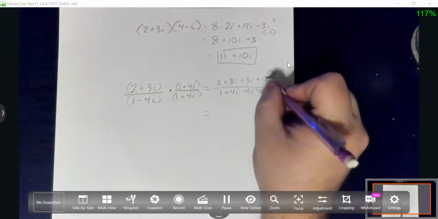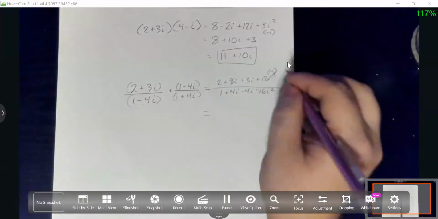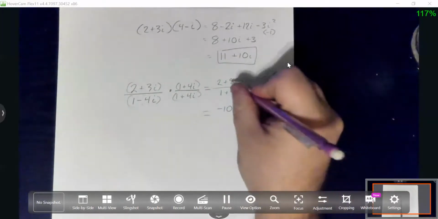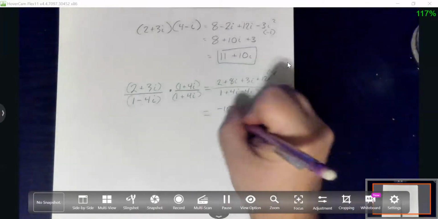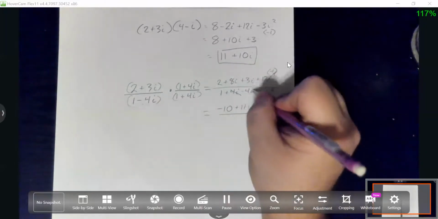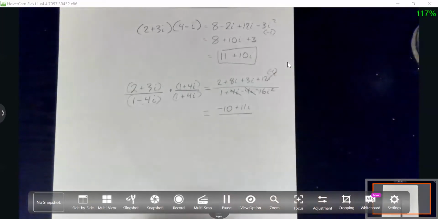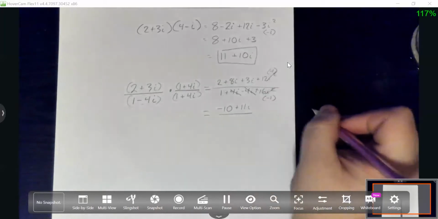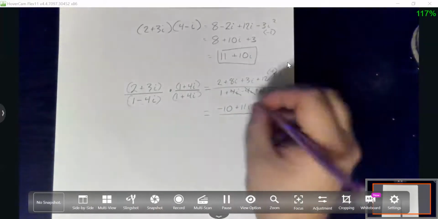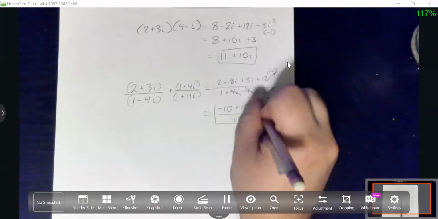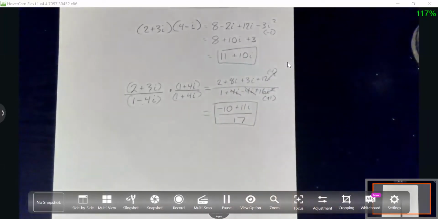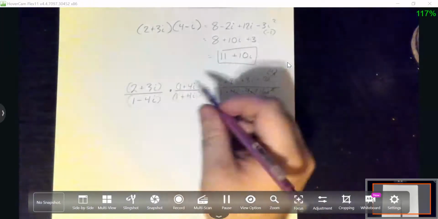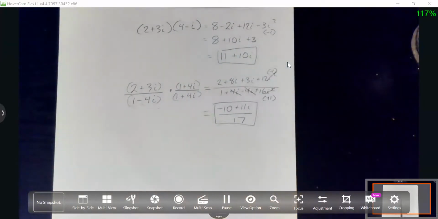So that's 2 plus negative 12 is negative 10 plus 11i. On the bottom, positive 4i, negative 4i cancel. i squared is negative 1, so that becomes a positive 16. So 1 plus 16 is 17. That's what we mean when we consider dividing by complex numbers. We're going to write it out as a division problem, as a fraction, and then we're going to multiply top and bottom by the conjugate.